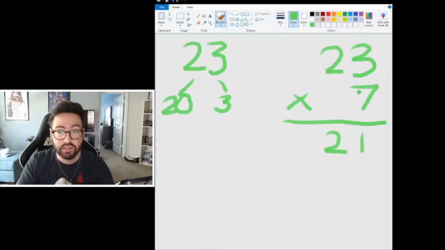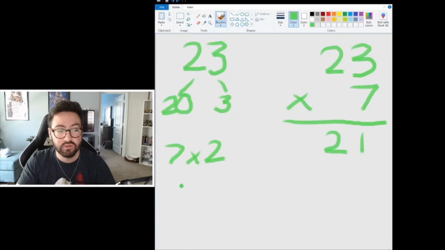So it's 2 times 7. But remember, this 2 technically is 20, right? It's 2 tens, which equals 20. So when we multiply a number times 10, the trick is to ignore the 0. Essentially we're doing 7 times 20, but really, we're going to pretend like it's 7 times 2.